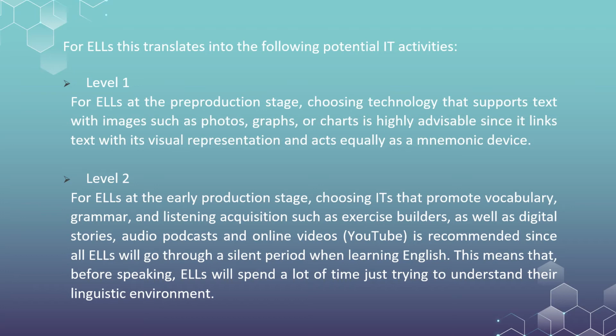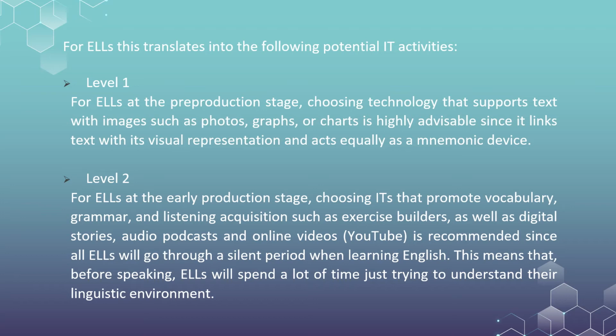For ELL at the early production stage, choose IT that promotes vocabulary, grammar, and listening acquisition such as exercise builder, as well as digital stories, audio podcasts, and online video. YouTube is recommended.